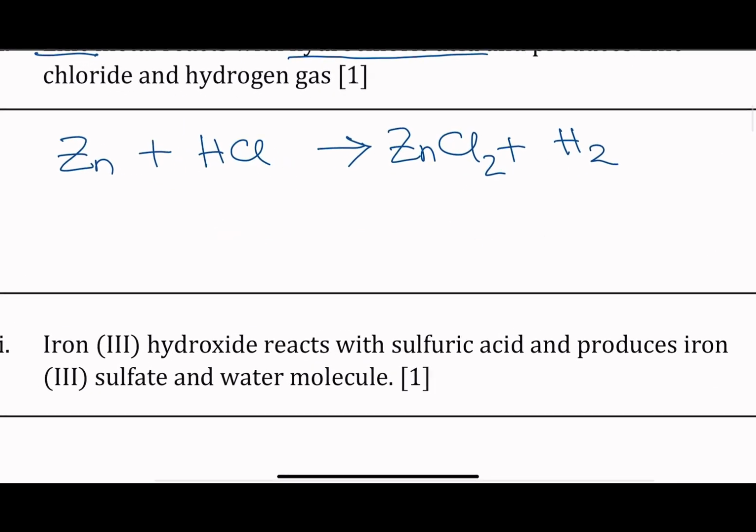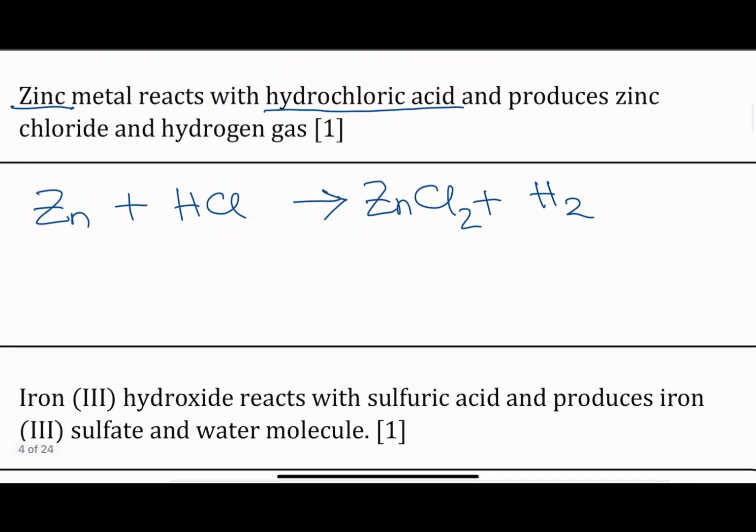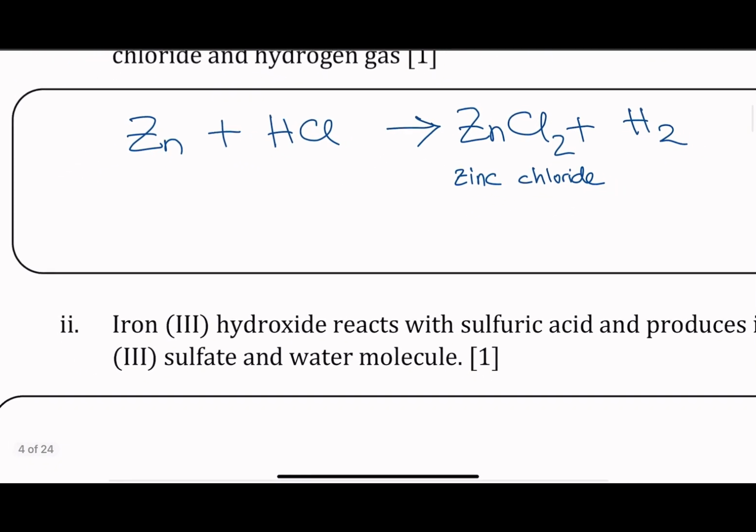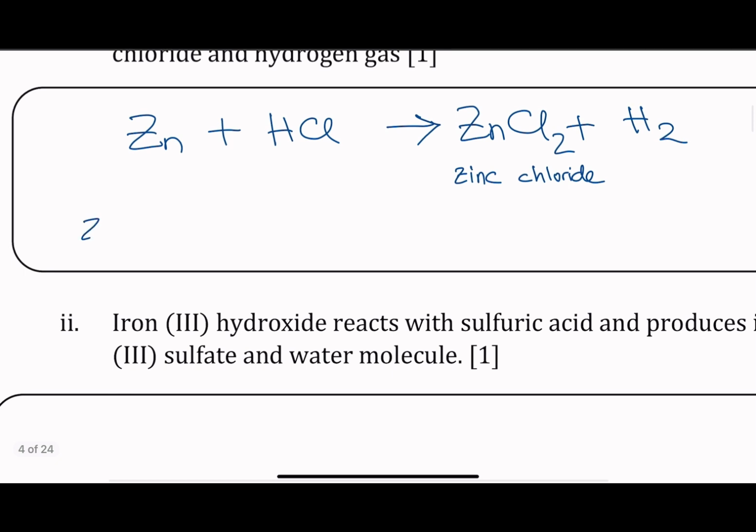Well, you may ask, how do you know that zinc chloride would have this formula? Again, we need to look back to the previous material that we covered last year. If you check the zinc from the periodic table, you will find that the atomic number of zinc is 30.